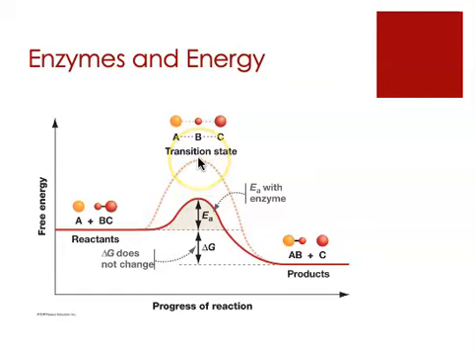Now let's continue to follow the red line. You'll notice it drops down precipitously until we see products made. And our products are now AB.